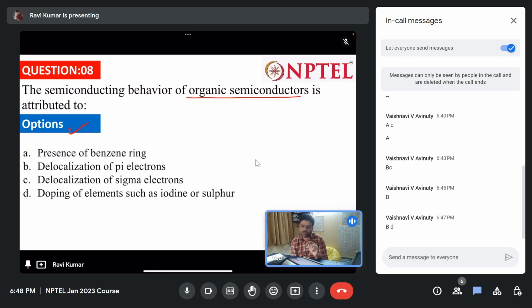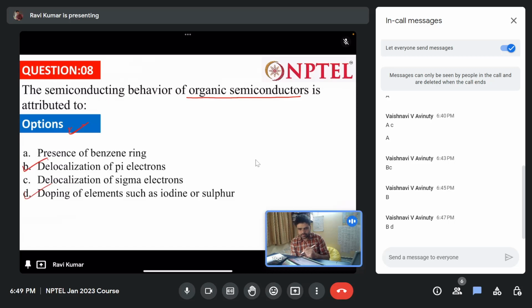If we are doping the benzene ring, then it becomes a semiconductor, right? But standalone, without any doping, a benzene ring is not a semiconductor, right? Yes. If we are not doping anything and have only a benzene ring, will it be a semiconductor? No, sir. Pi electrons are not delocalized enough.